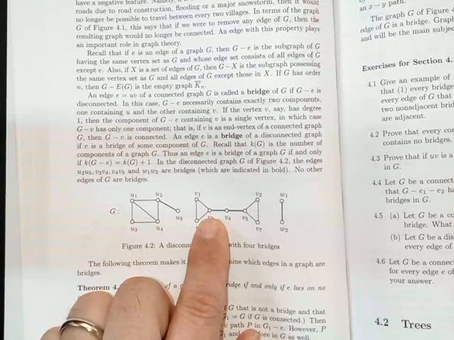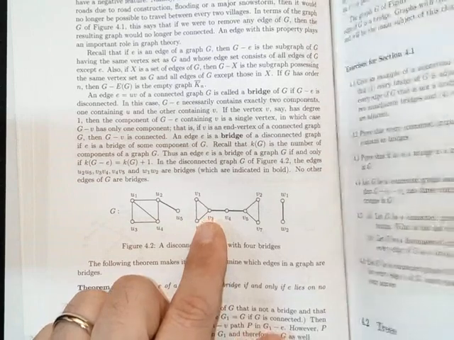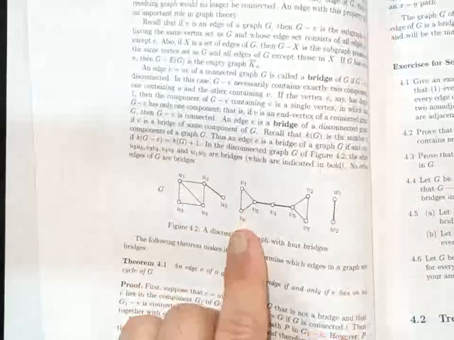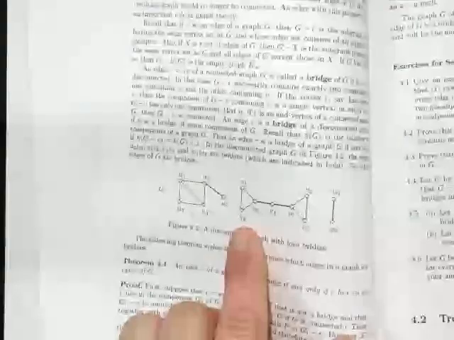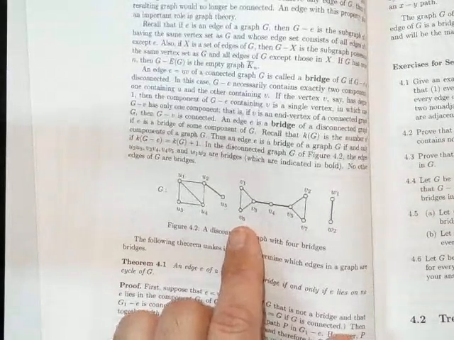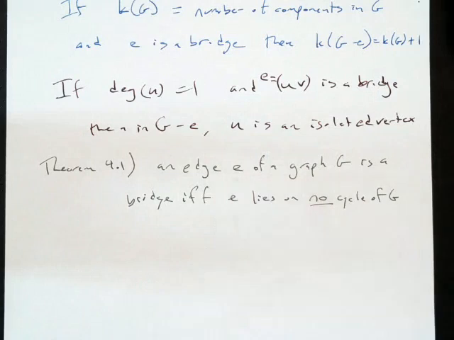I'm not sure that's enough. In a cycle, you can start at any vertex and get back to it. You can take away that edge and you can still get all around the cycle. I can go the other way around the cycle, right? So if an edge is part of a cycle, then that edge can't be a bridge.